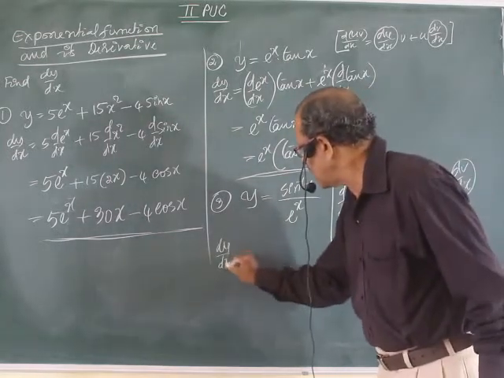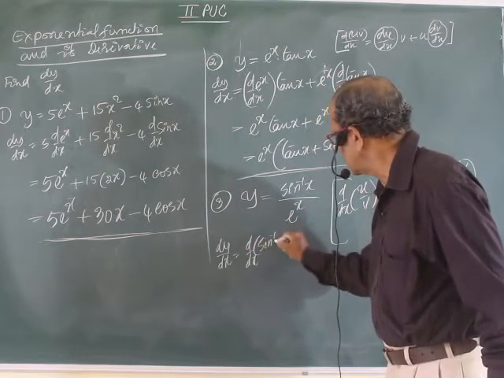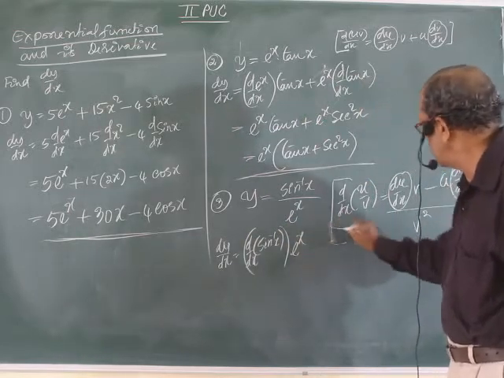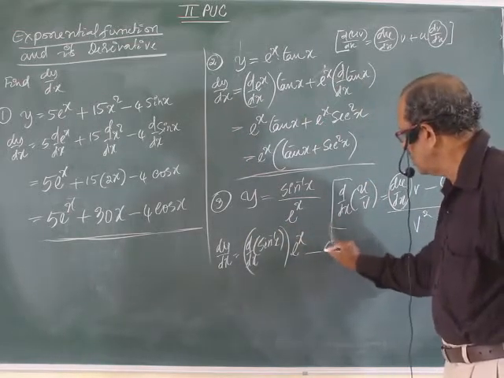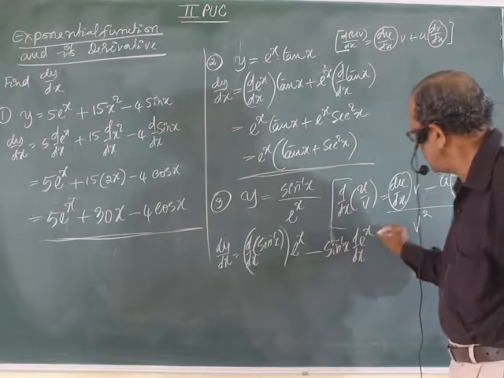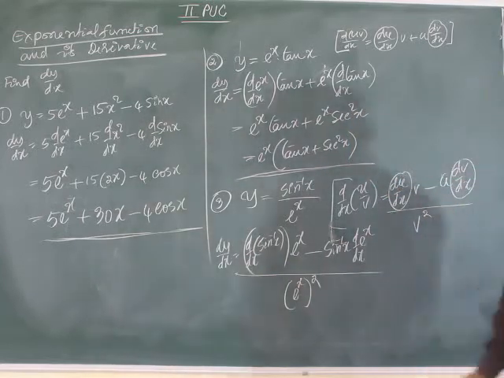dy by dx equal to d by dx of sin inverse x into e to the power x, minus sin inverse x as it is into d by dx of e to the power x, by denominator square.